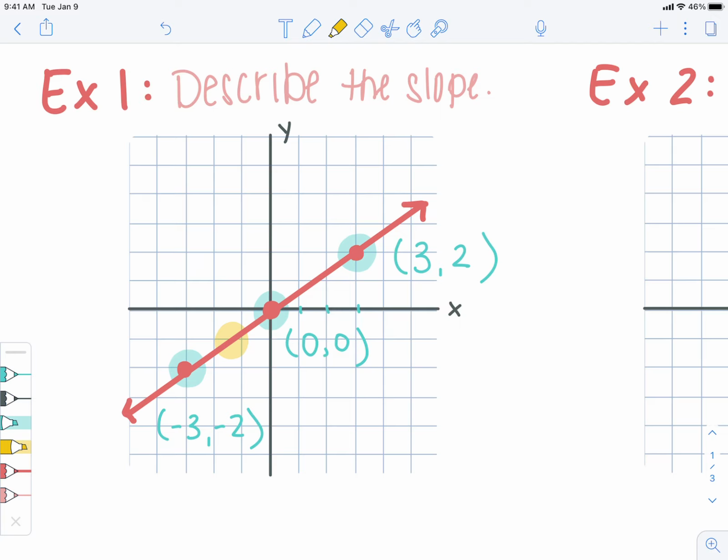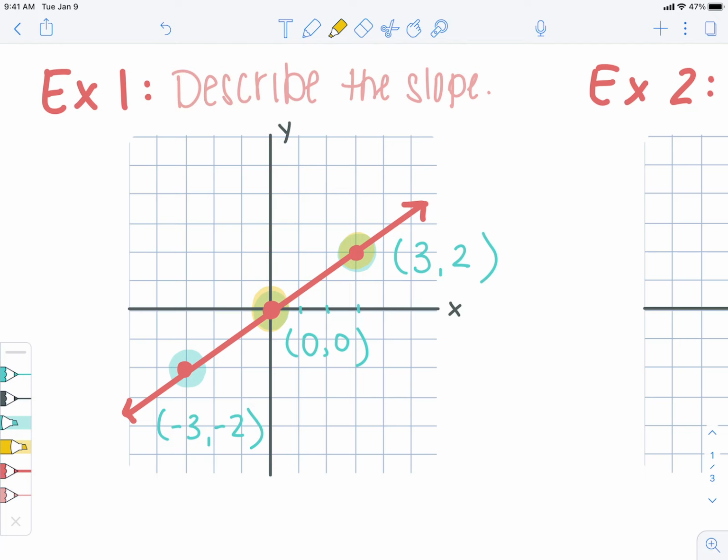So anytime I'm picking a point, it's one that's right on an intersection on the coordinate grid, with whole number coordinates, because that makes my answer more accurate. I can pick any 2 points. I always like to pick (0, 0) if it exists, because it's easy to work with 0.